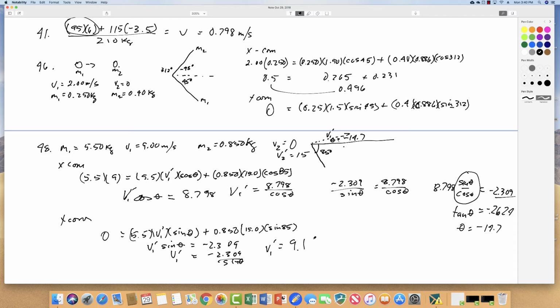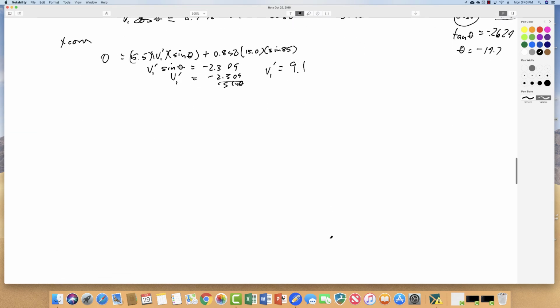Now, interestingly, if you calculate the kinetic energy of these, kinetic energy doesn't have a direction, okay? So basically what you write is 1/2 mv squared, and the initial is 1/2 times 5.5 times 9 squared.